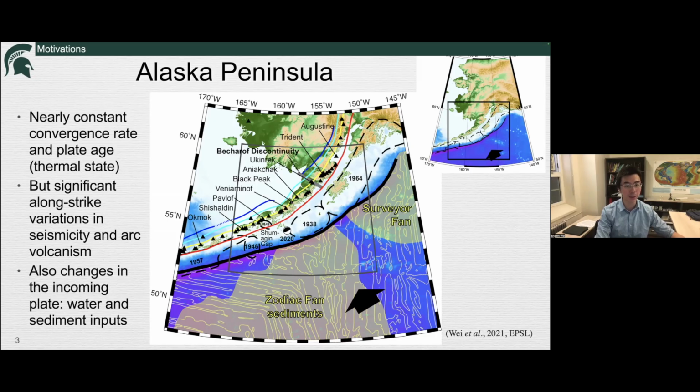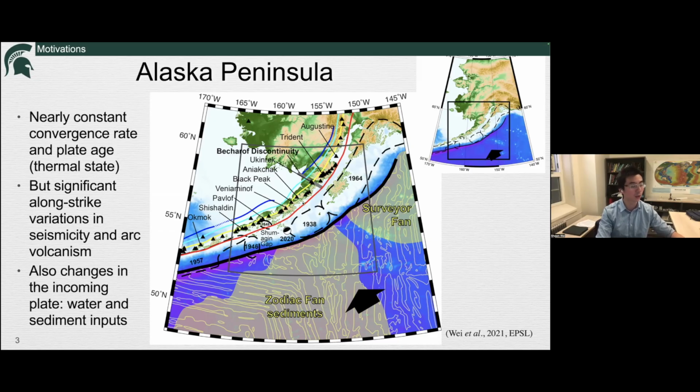Also, those triangles are arc volcanoes, and in terms of eruption activity they also vary a lot. For example, they are more active in the southwest and less active in the northeast. And there's also a geological discontinuity called the Becharof discontinuity.